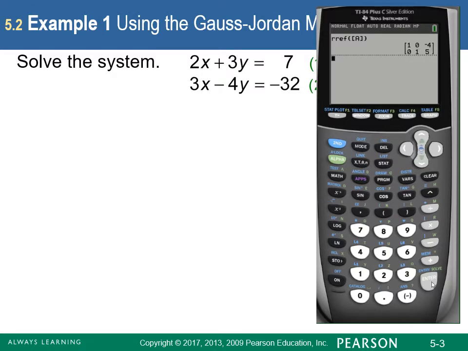However, when we get a matrix that has 1s in the main diagonal and 0s in the remaining square, that means the two numbers at the right are the answers in order. So x equals -4 and y equals 5.